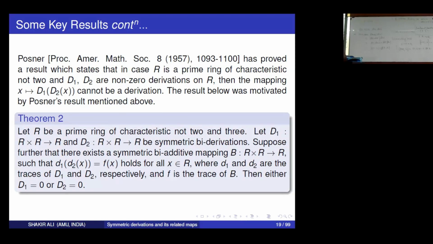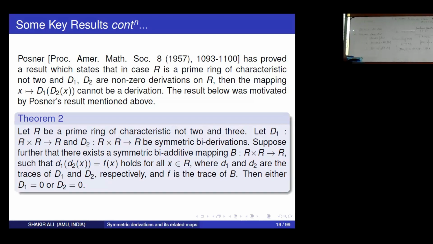Another result in the same direction: R is a prime ring of characteristic not 2, d1, d2 are non-zero derivations of R. Then, with the help of these derivations, we construct another bi-derivation, this type of map. This kind of map will not be a derivation. This cannot be a derivation. However, it is a bi-derivation.